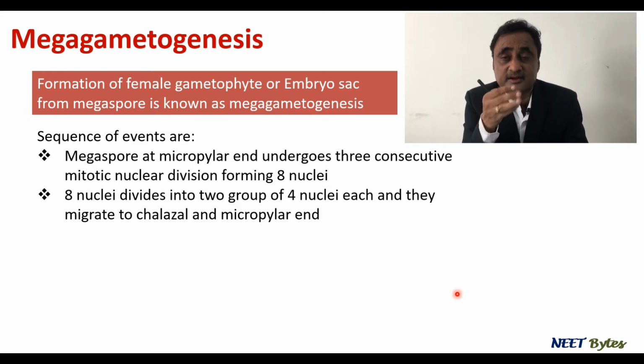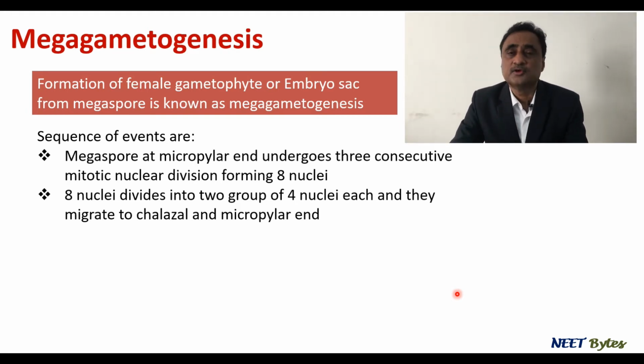So we will see what the sequence of events is that takes place through the process of megagametogenesis. Okay. So what we see is that the megaspore at the micropylar end undergoes 3 consecutive mitotic divisions. So it is obvious that by 3 consecutive mitotic divisions, 8 nuclei are going to be formed.